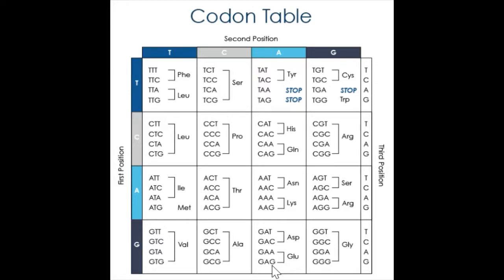Now, if that changes as a result of a replication error, if that changes to GTG, you can see that now that will code not for glutamate but for valine. And valine is very different. Instead of being negatively charged, it's a neutral, non-polar residue, so it has very different structural and functional properties. And that mutation would likely abolish the catalytic activity of the enzyme, or at least massively reduce it.